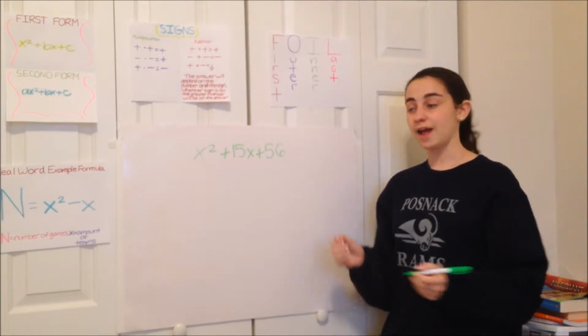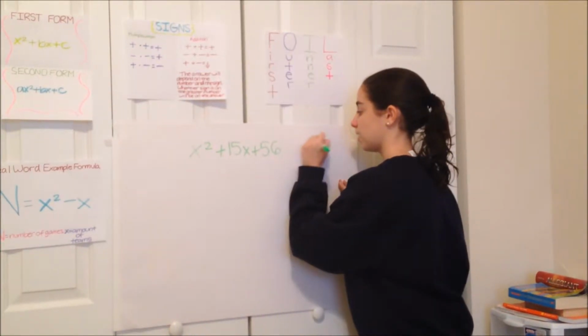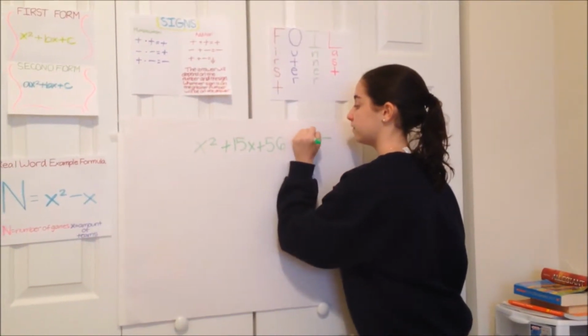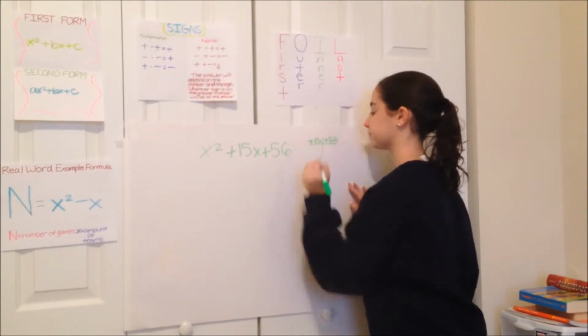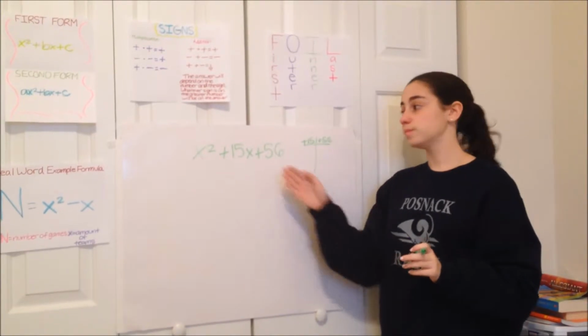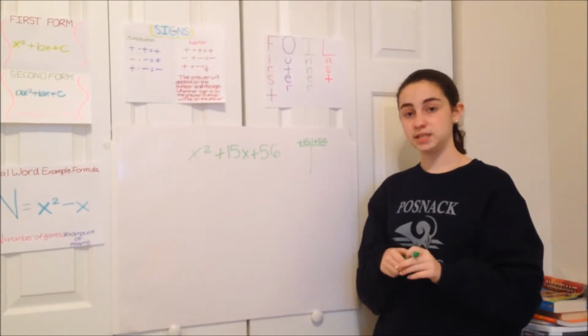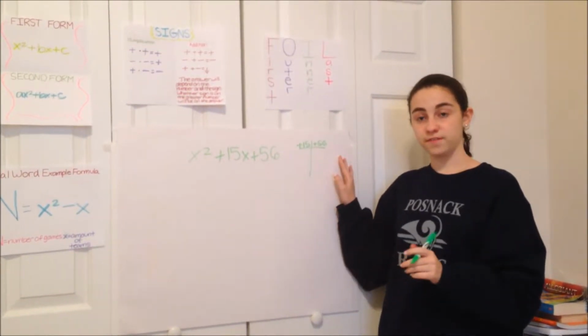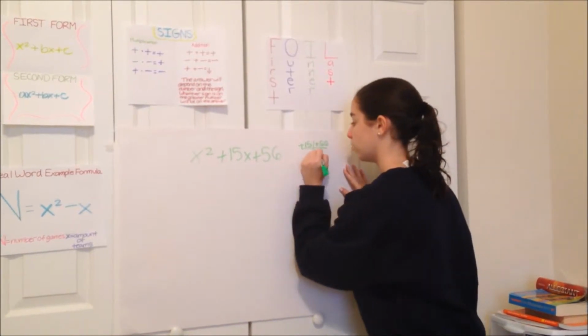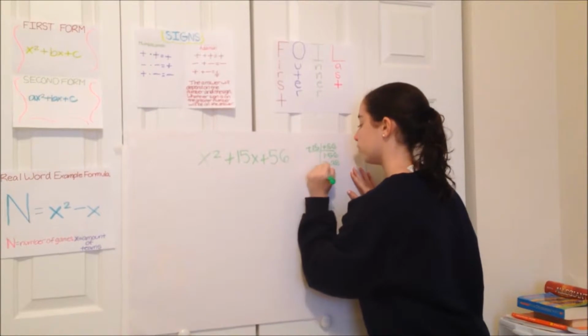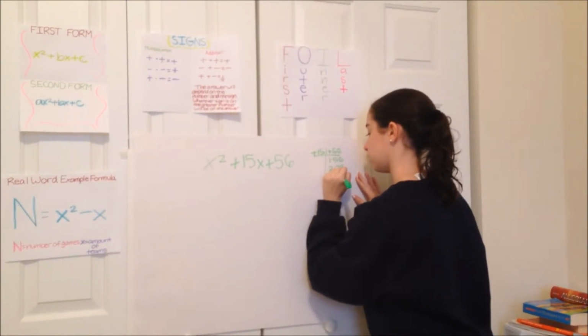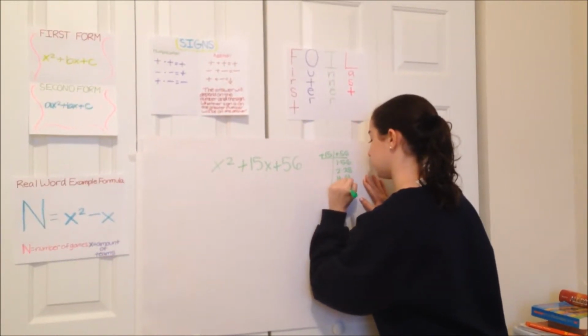To make this easier, I like to use a t-chart and put positive 15 on one side and positive 56 on the other. To make finding the two numbers that have the product of 56 easier, you can make a factor list of 56. 1 times 56, 2 times 28, 4 times 14, and 7 times 8.